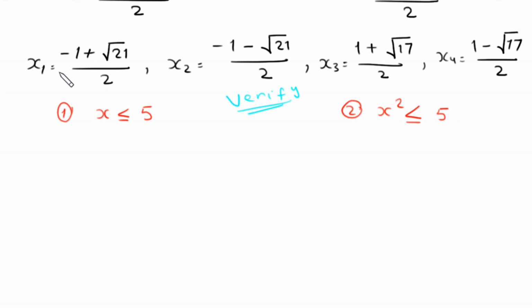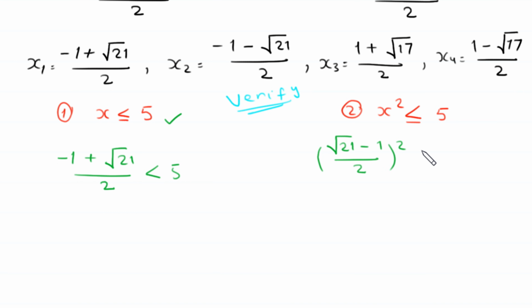First we check this value of x1, negative 1 plus root 21 over 2. This negative 1 plus root 21 over 2 is less than 5. So this condition is true. Now we put this value in the second condition. This negative 1 plus root 21 is the same as root 21 minus 1 over 2 whole squared, and is it less than or equal to 5?